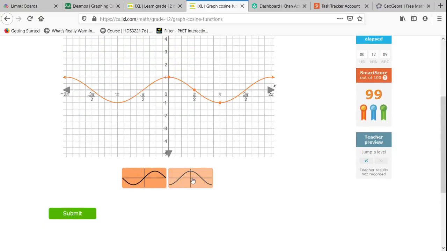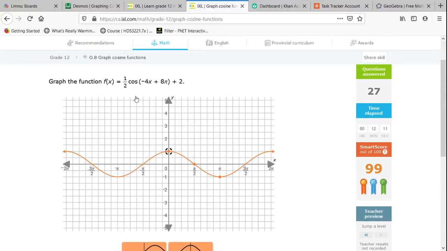All right, now if all goes as planned, this will be our last one. Amplitude of 1/2. That -4 means that our period now has to be pi over 2. So we need to keep squeezing that in here until what happens at pi over 2 is the same thing that happens at 0. And we need to shift that so our peak is back at the top.